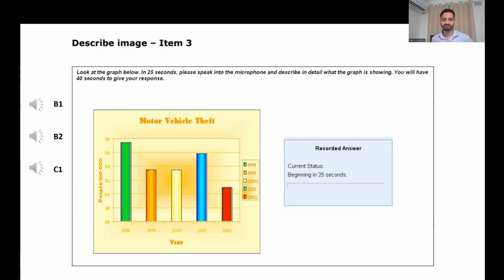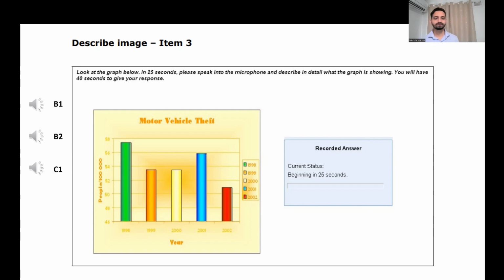You can say that it started dropping in 1999 and 2000, but then it started increasing in 2001, and then it dropped in 2002 again. Okay, so the pattern is not even. You can also come up with this conclusion in the end. But let's look at B2 response.